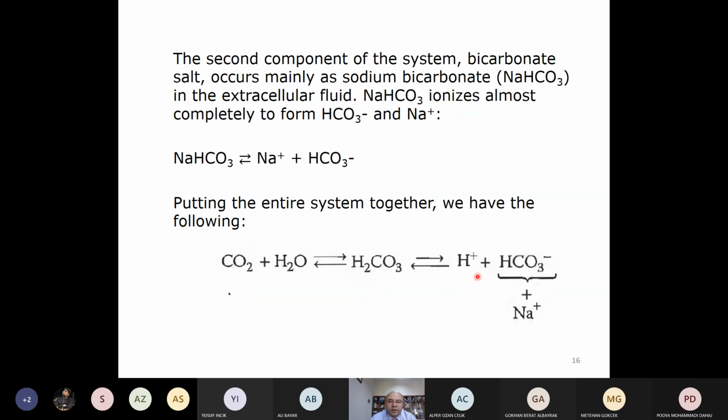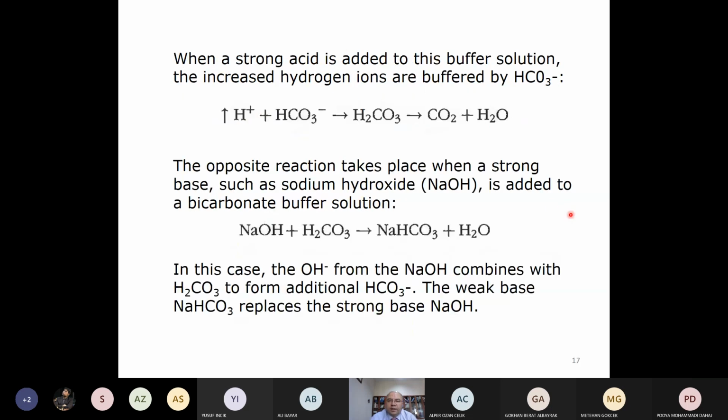So if we look at the whole system together, carbon dioxide reacts with water in the presence of carbonic anhydrase enzyme, and carbonic acid will be formed, and carbonic acid can dissociate into hydrogen and bicarbonate, and bicarbonate will bind to sodium. When a strong acid is added to this solution, increased hydrogen concentration will be buffered by bicarbonate.